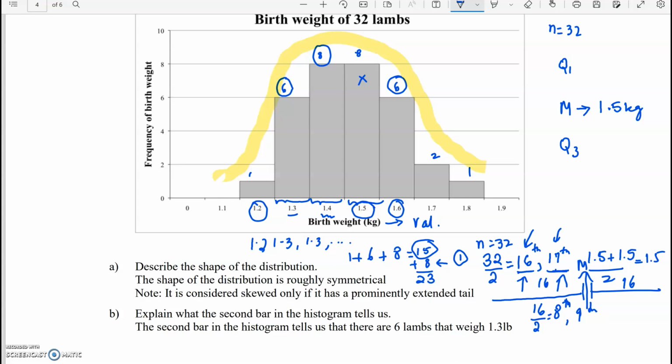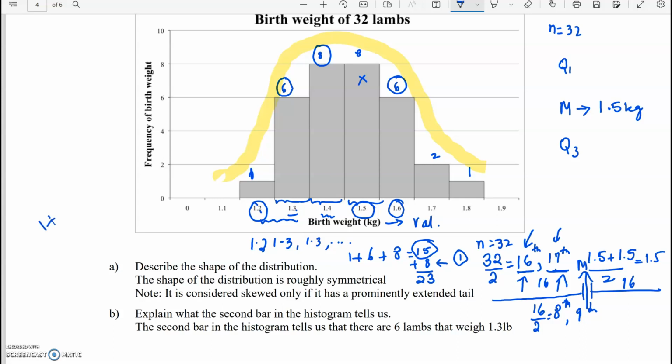Let's see what the 8th and 9th numbers are. The first number is a 1.2. The next six numbers are 1.3. So 6 plus 1, 7 numbers are either 1.2s or 1.3s. Now we add 8 to that.